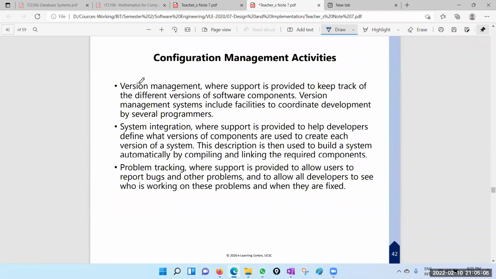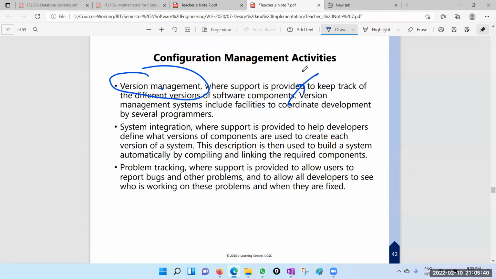So configuration management includes version management. Whenever you make a change to artifacts, it can be a design document, it can be code. If you use a proper repository like CVS or GitHub, whenever you check in, a new version will be created.